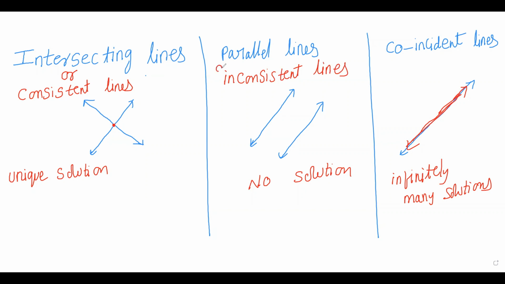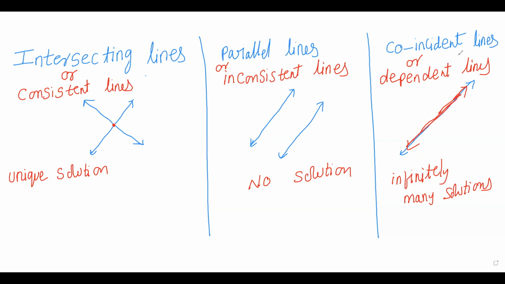Why? Because intersecting lines consistently give solution. Coincident lines are also called as dependent lines. Now, coincident lines also give you solution, so they can also be called as consistent lines.